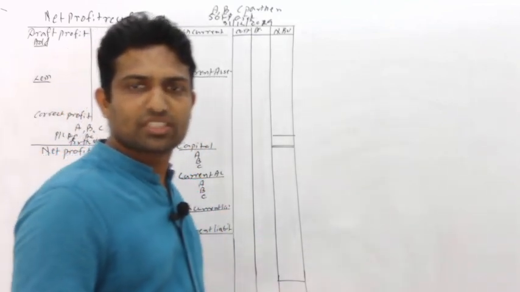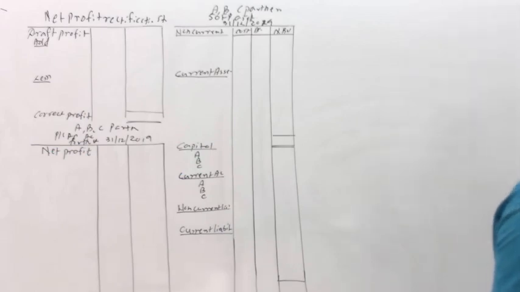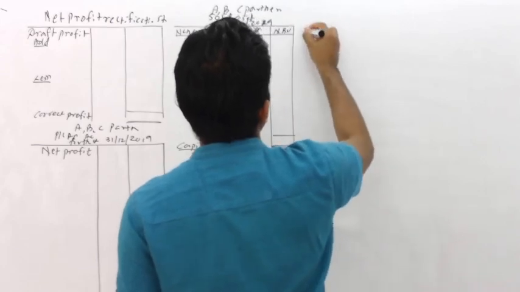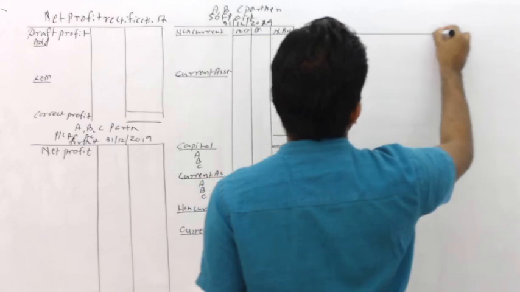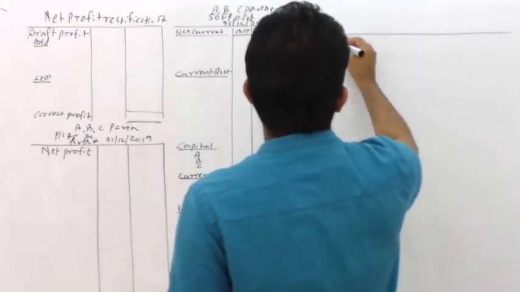Then in addition to this, we want the partners' capital and current accounts. Right. Those capital and current accounts.